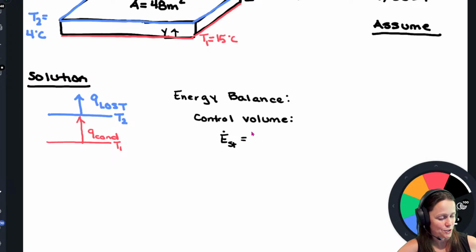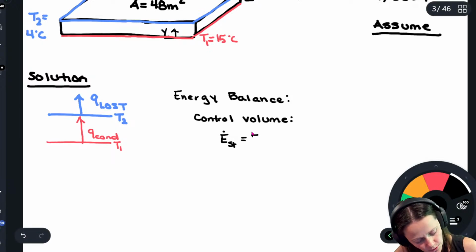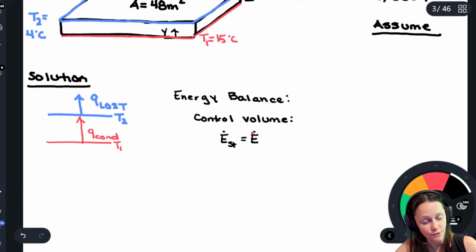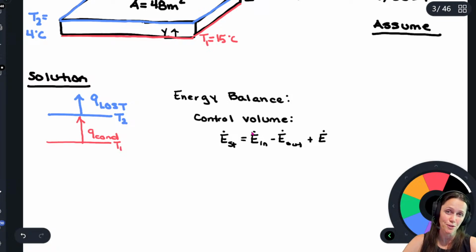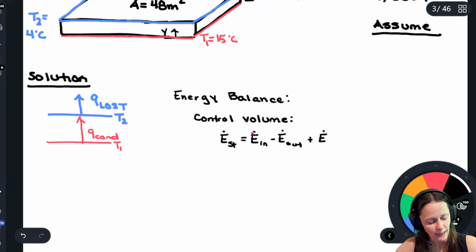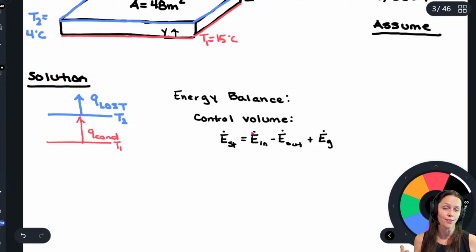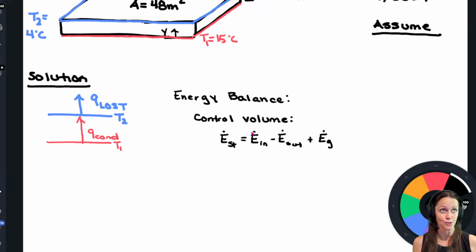But it's that term right there. So that's the rate of energy stored is equal to the net rate of energy transferred into the system. So E dot in minus E dot out plus another term that we didn't really mess around with in thermodynamics probably, but it's E dot G. So this is the volumetric heat generation rate.